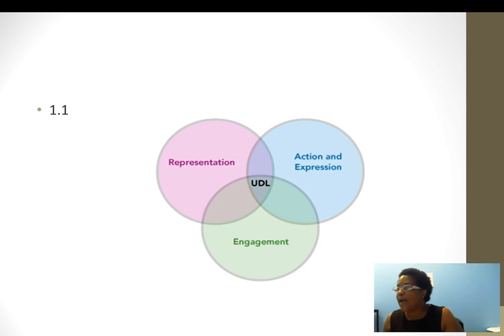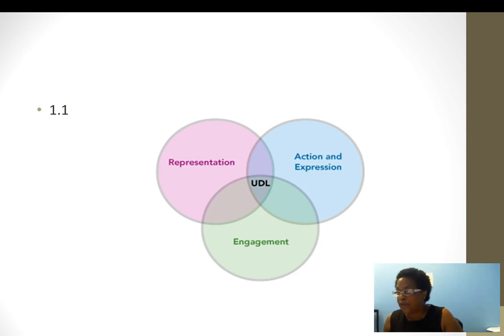If you go back to your notes, please remember that when we look at UDL, the UDL advocates that there should be all three of these principles happening at the same time for it to truly be a UDL lesson or a UDL curriculum.